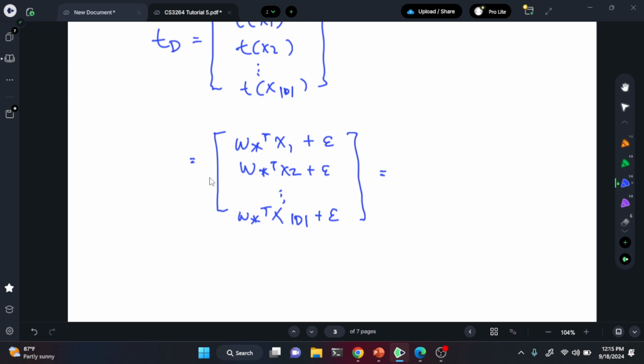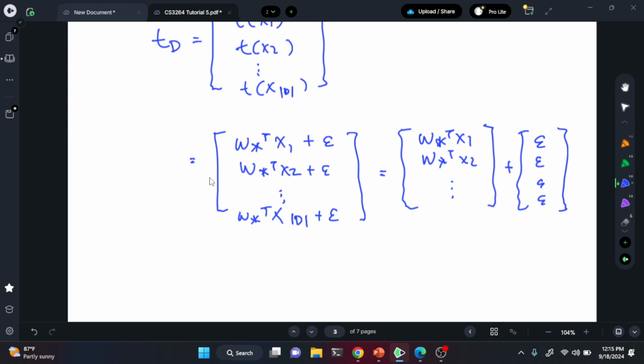This will be just the sum of two arrays. The first array is W star transpose x1, W star transpose x2, so on and so forth. Plus the epsilons, which is just the epsilon vector. Okay, clear on this? Any questions?